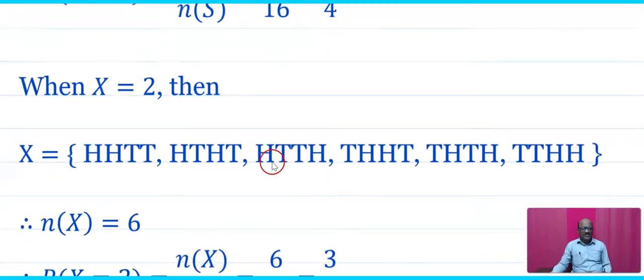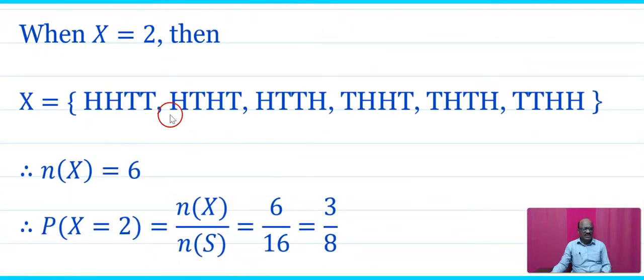2 heads. In this way you will get the random variable X, and n of X is equal to 6 here. Therefore, its probability, when capital X equals 2, then n of X upon n of S is 6 upon 16. That is nothing but 3 upon 8.